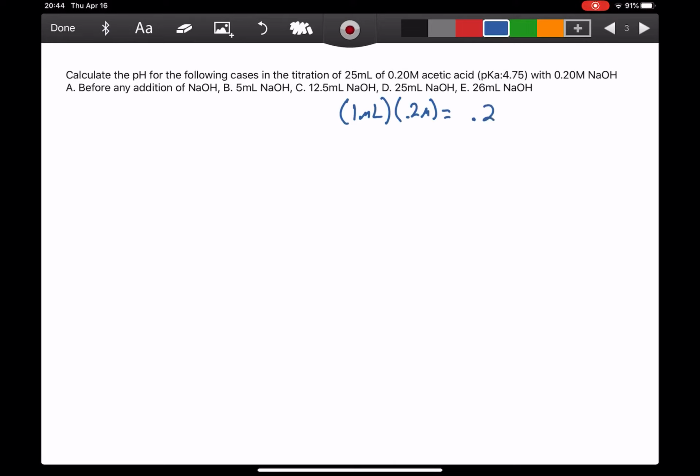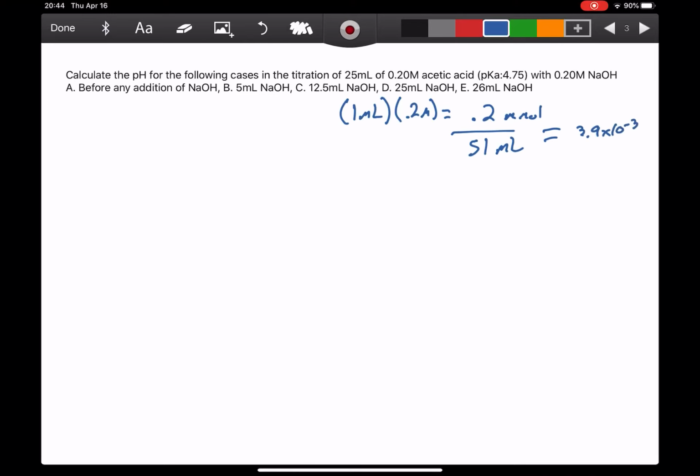But now I have to divide it by a new volume, and the volume is going to be 51 milliliters. And this is millimoles on the top. So 0.2 divided by 51 is equal to 3.9 times 10 to the negative third.